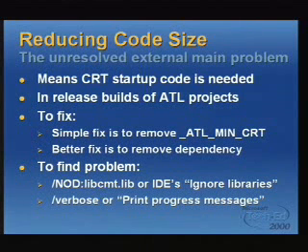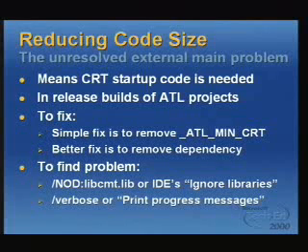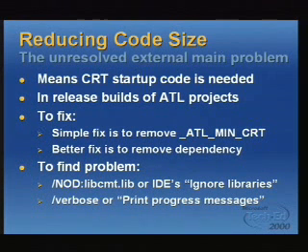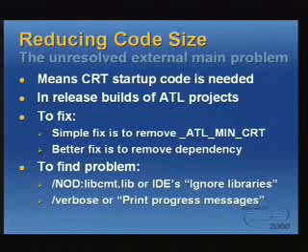Now, there's another way to do this, which is to tell the linker to switch on its verbose mode and print out everything that the linker is doing. The problem with this is it works, but you sometimes have to look through about a 2 megabyte text file to find what you're looking for.